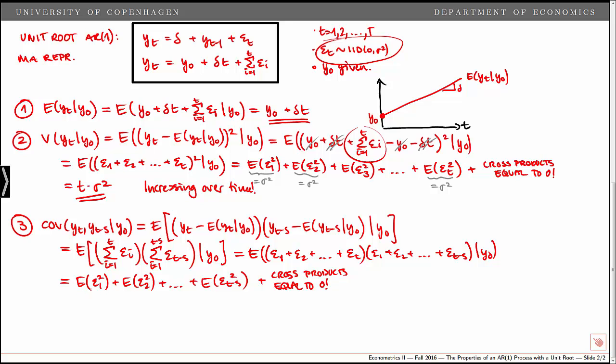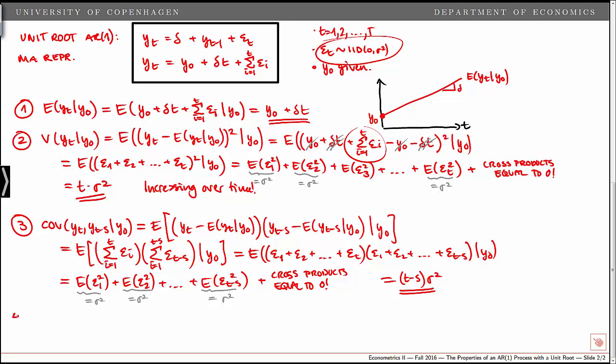Again, the first term here equals sigma squared, same for the second term, and so on. So note that now we get sigma squared, but we don't have t terms, we only have t minus s. So t minus s multiplied by sigma squared is the covariance between yt and yt minus s given the initial value y0.